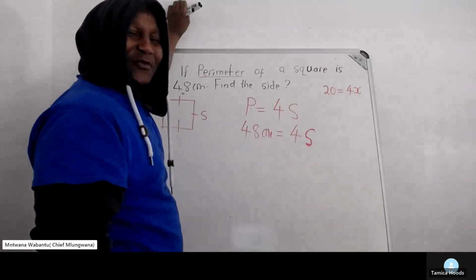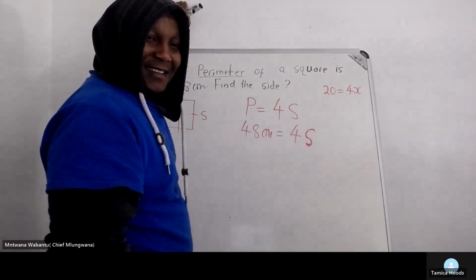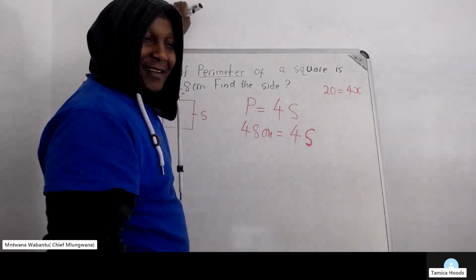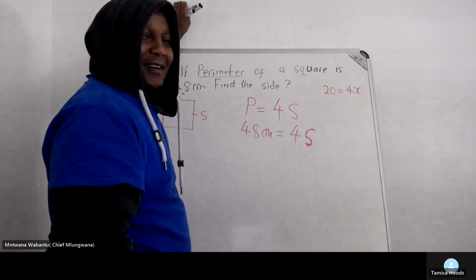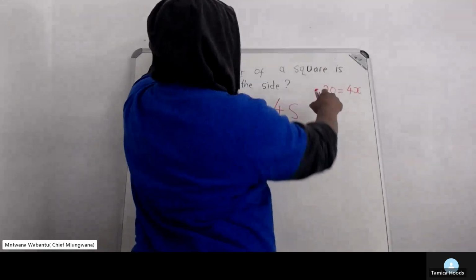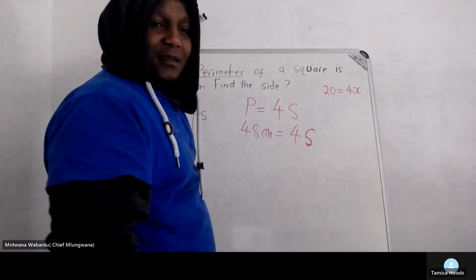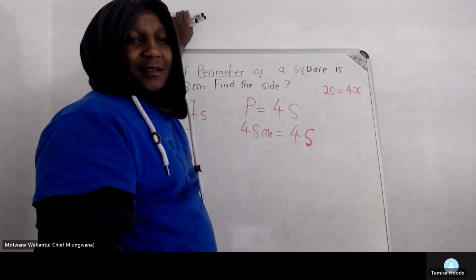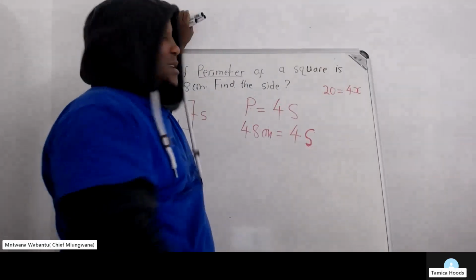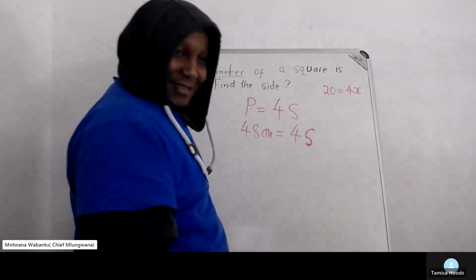Really? 20 equal to 4x? No. Look at the expression carefully, right? Don't just say 20 equal to 4x. How do you get there? This is basic algebra.